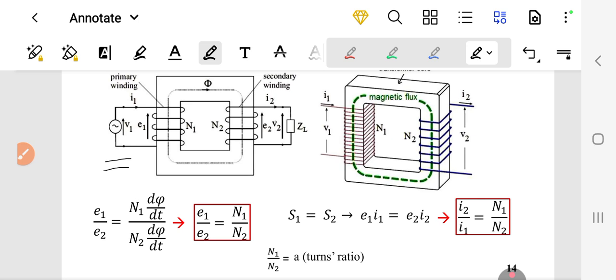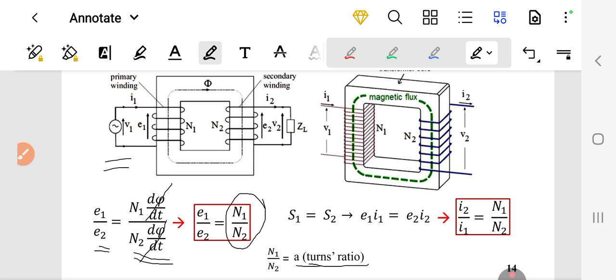The passage of flux through the core will link to the secondary winding with number of turns N2 and produce another induced EMF E2, which is equal to N2 dφ/dt. We can get the ratio between E1 and E2 by dividing N1 dφ/dt by N2 dφ/dt. dφ/dt will cancel dφ/dt. Therefore, the ratio of voltage equals the ratio of the number of turns of the primary to the secondary. The turns ratio N1 over N2 is called a, or turns ratio.